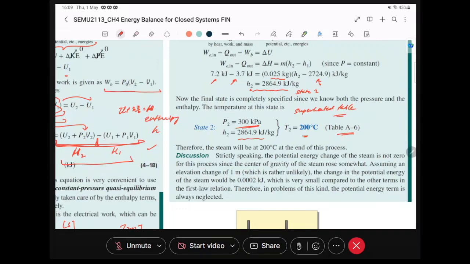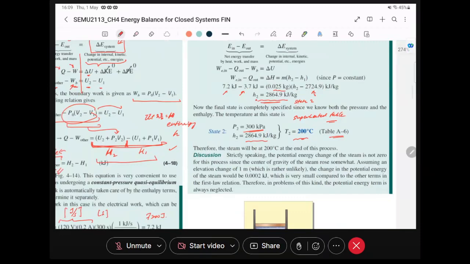Obviously you need to know how to read the thermodynamic table by now. But this is how we find out the second state of the flow of the system, and then from there we should be able to find out how much is the temperature. So I'll leave you to try this later on as an exercise.